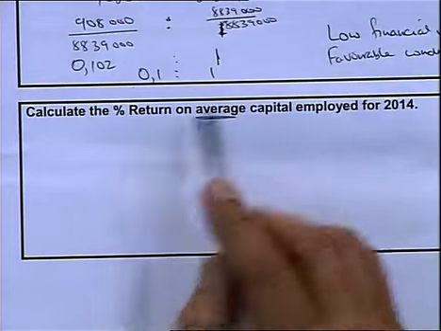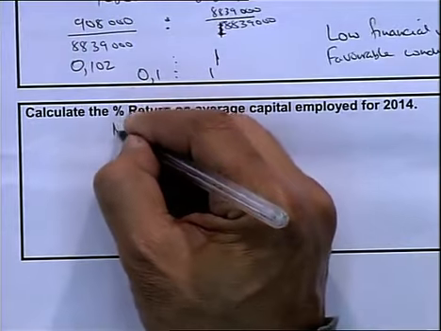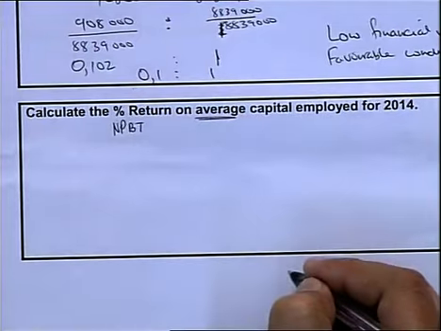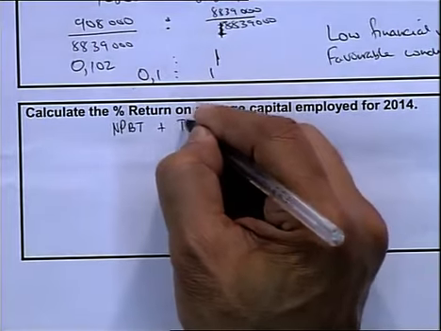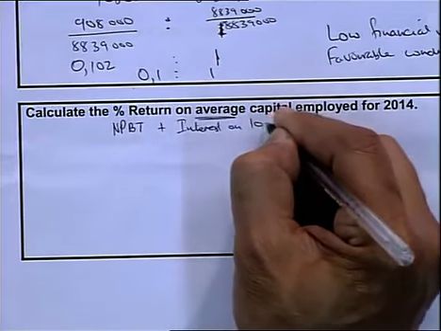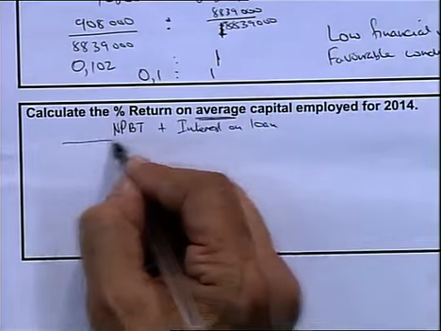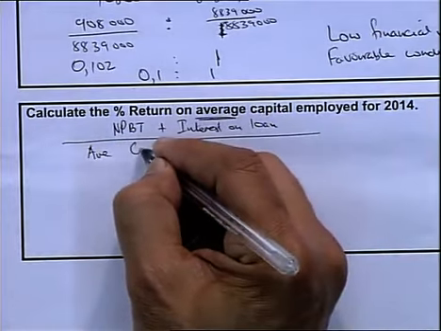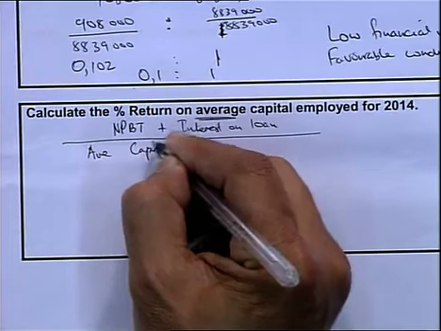So that ratio is normally the net profit before tax plus the interest on your loan divided by average capital employed.